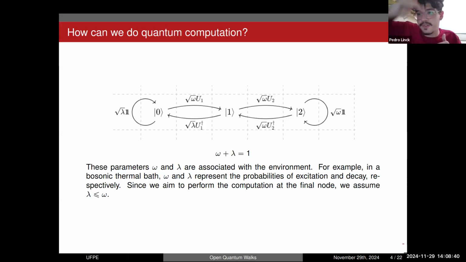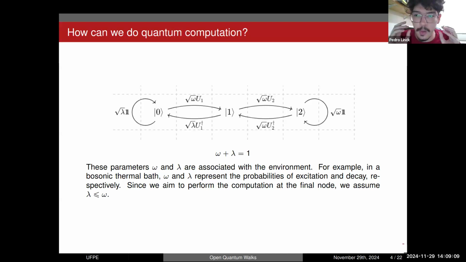And you cannot go infinitely high because the electromagnetic field has a finite energy. So you cannot gain more energy than the electromagnetic field can give you. So you have something like this, okay? You can jump and you can stay on the boundaries. And these two parameters, omega and lambda, are the probabilities of excitation and decay.